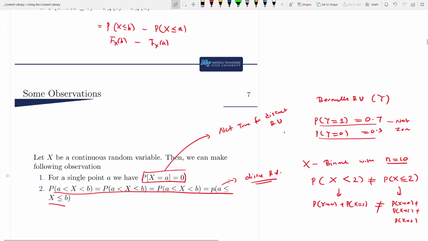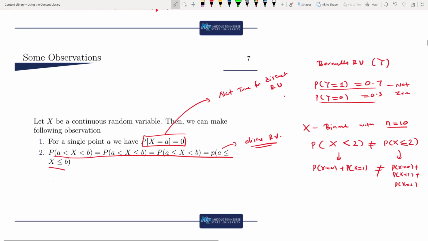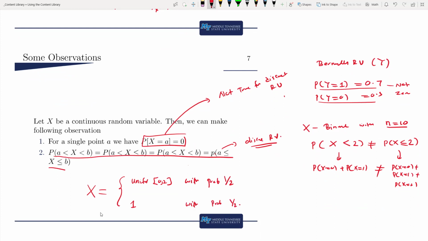Now you have to be careful. Sometimes you will see random variables that look like they are continuous, but they are not really continuous. For example, I can define a random variable that looks like this. X equals uniform between 0 and 2 with probability 1/2, and then 1 with probability 1/2.